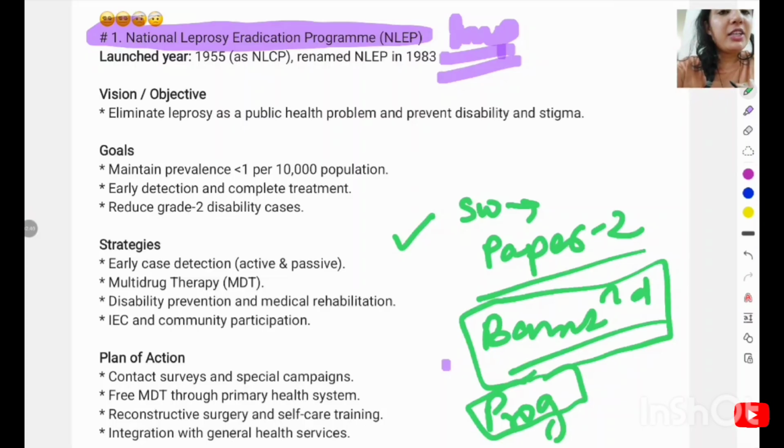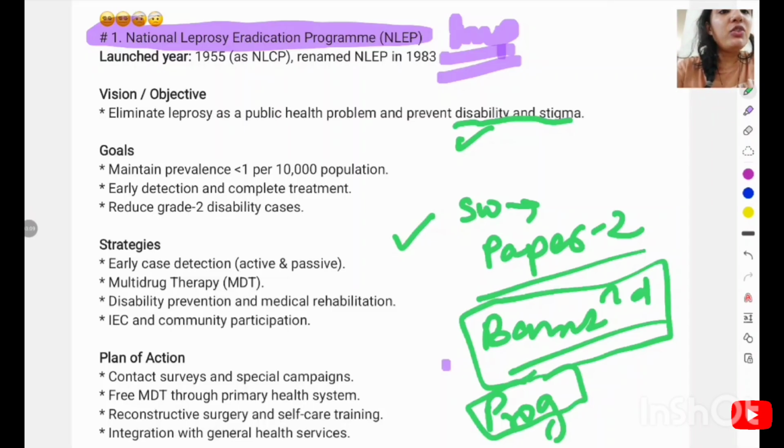Okay, the second point is what is the vision or the objective of this program. So the vision or objective of this program is to eliminate leprosy as a public health problem and prevent disability and stigma. Basically, as you know, leprosy is a bacterial infection, Mycobacterium leprae, and there is so much social stigma also, and disabilities happen here.